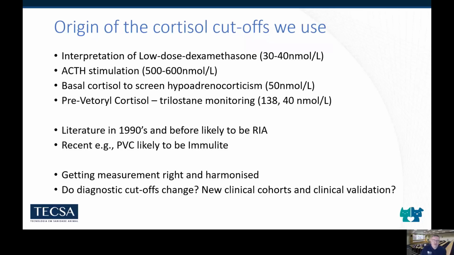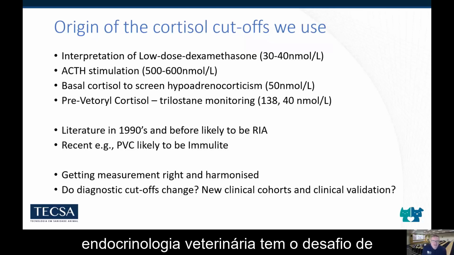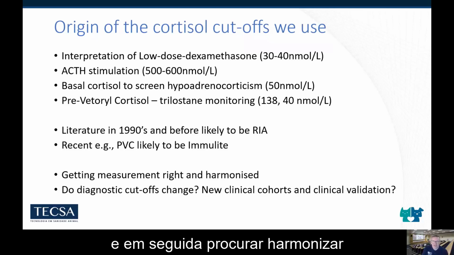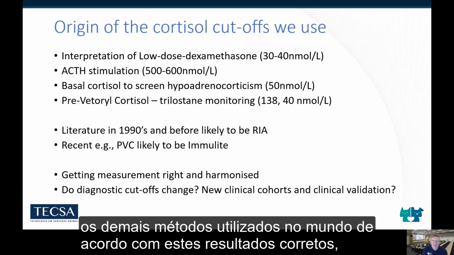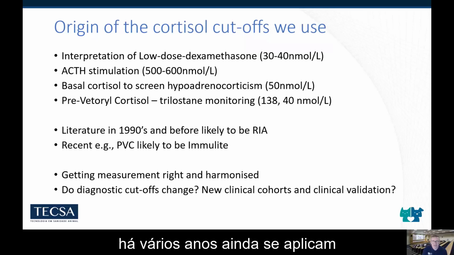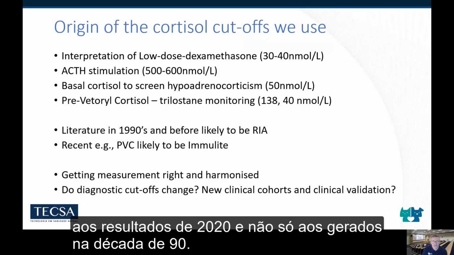So I think for veterinary endocrinology, our challenge is to figure out which methods are generating the correct results, and then try and harmonize all the other methods being used in the world to those correct results, and then figure out whether or not the cutoff values that we've been using for many years still apply with the results that are being generated now in the 2020s rather than those that were being generated in the 1990s.